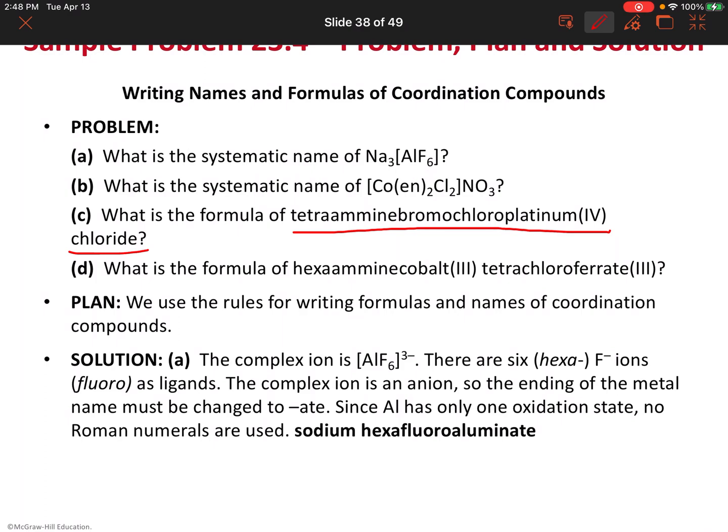Now this one ends in platinum, so it also has a complex cation. Tetraamine bromochloroplatinum. There are 4 amine groups. Bromo, it has a bromine group, it also has a chlorine, and then the central atom is platinum. All of these are going to be in your complex ion and a chloride.